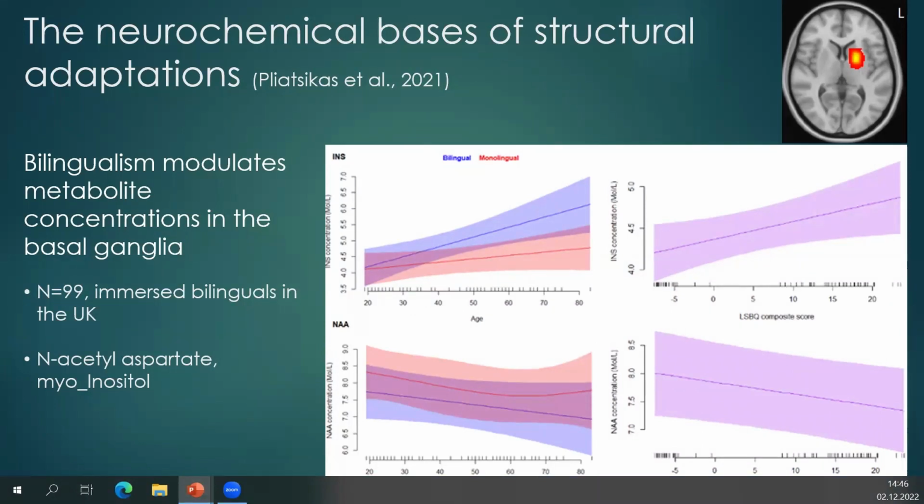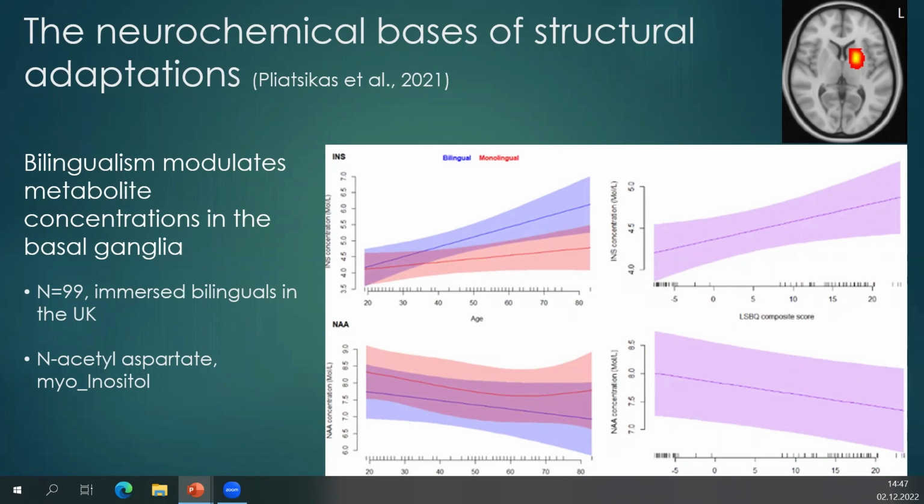So in this case, we looked at bilinguals aged 20 to 80, and we compared them to monolinguals. So what you see here is the effect of age on the concentrations of myo-inositol. And myo-inositol is one of those metabolites that increases every time you get pruning, right?